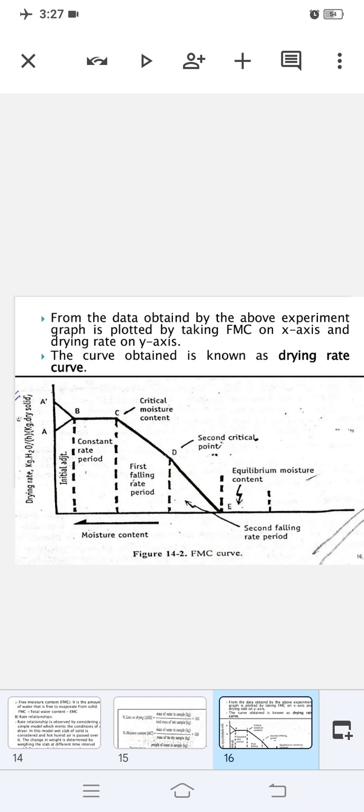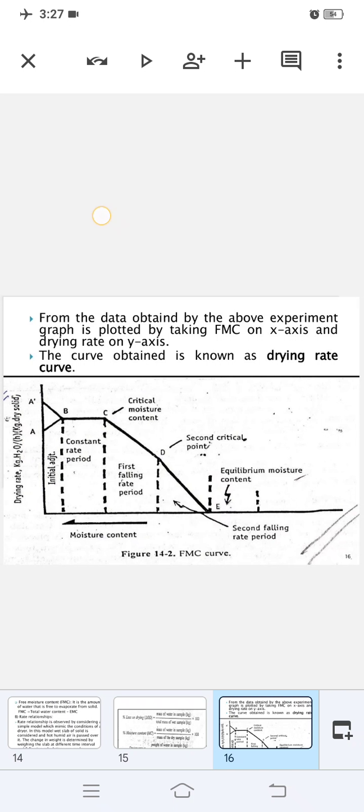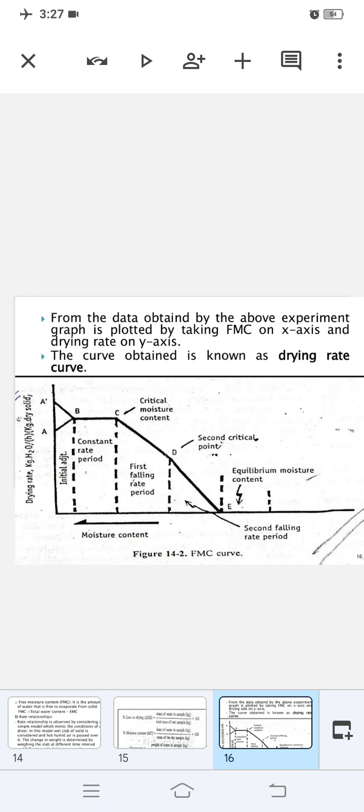Now the last one is from D to E. This represents the second falling rate period. In this, the rate of drying falls even more rapidly than in the first falling rate period. In this period, the rate of drying is dependent on the rate of diffusion, so it is directly proportional to the rate of diffusion of water vapor.